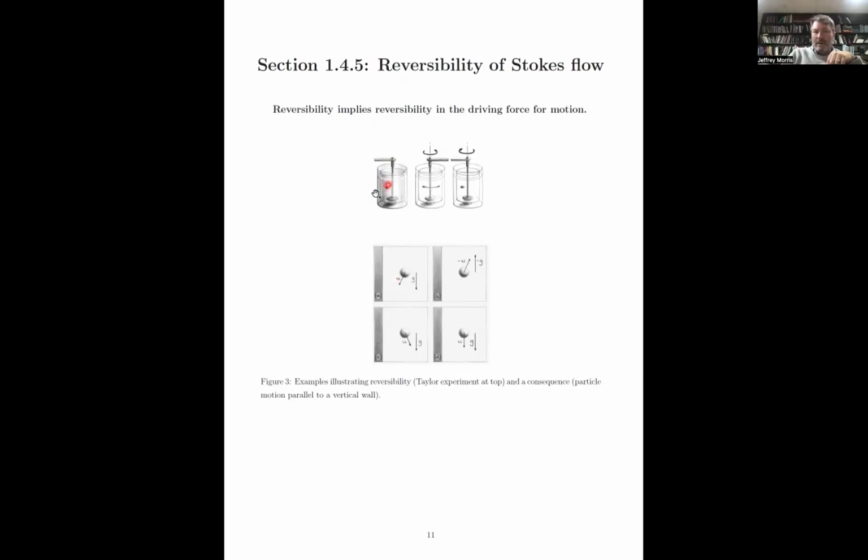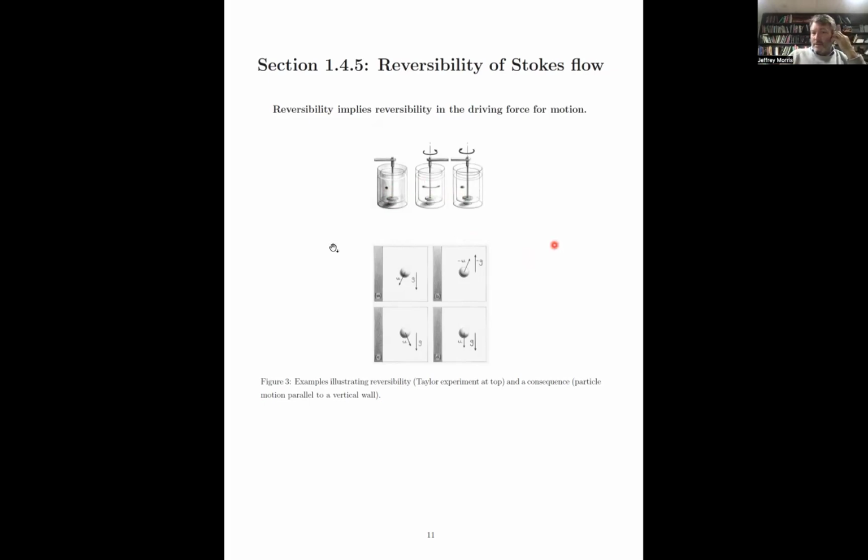And he put a spot of dye in, and he showed that if you rotated this around, I think it was 4 times, so 4 times 360 degrees, or if you prefer 8 pi radians, and then he rotated it back, up to a small amount of molecular diffusion, the dye came back to exactly the same spot. Okay, so the reversibility is shown nicely there.